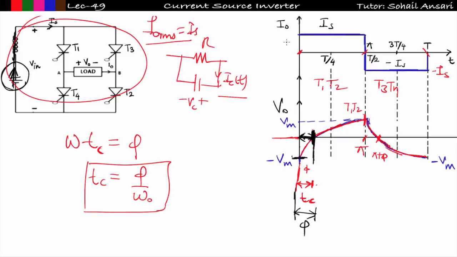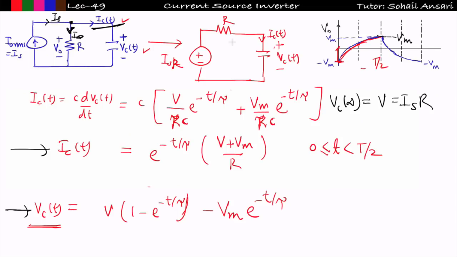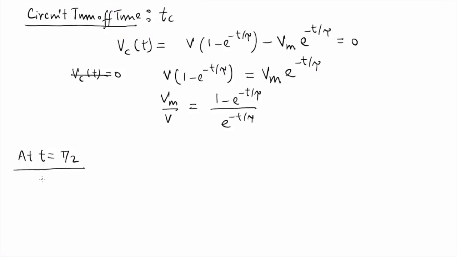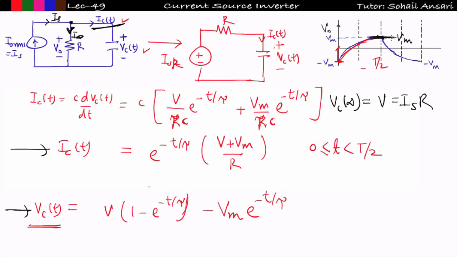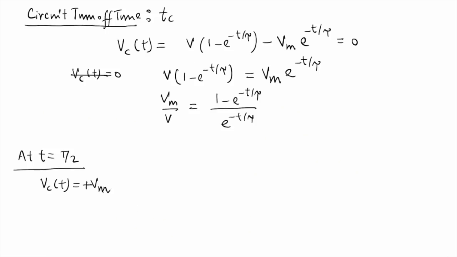No, this will be plus Vm, because at t equal to T by 2 the voltage across the capacitor is plus Vm, not minus Vm. So Vc of t is equal to plus Vm at t equal to T by 2.